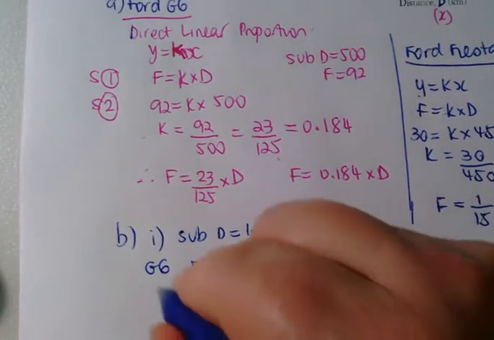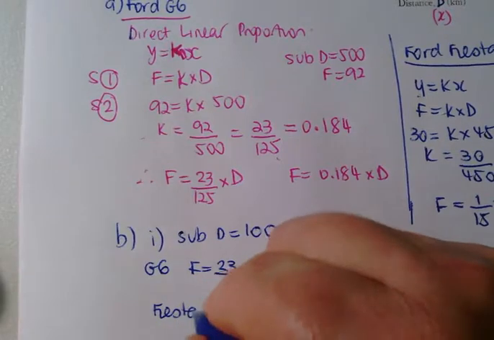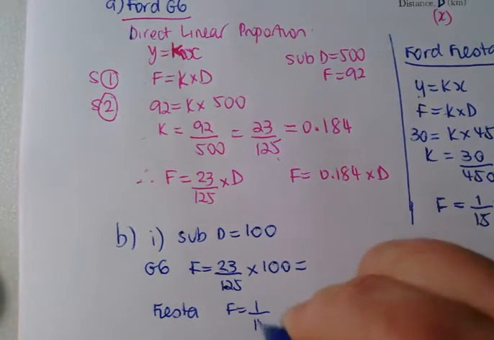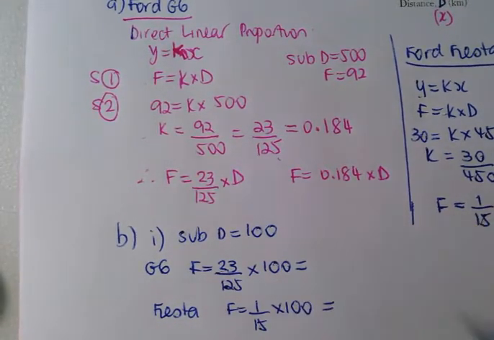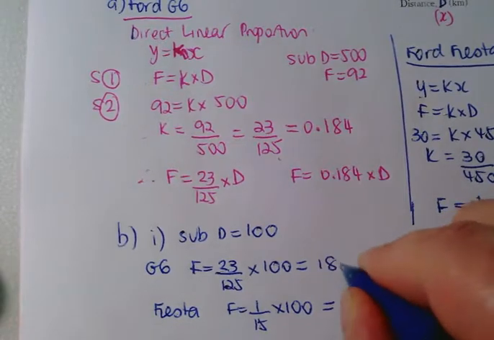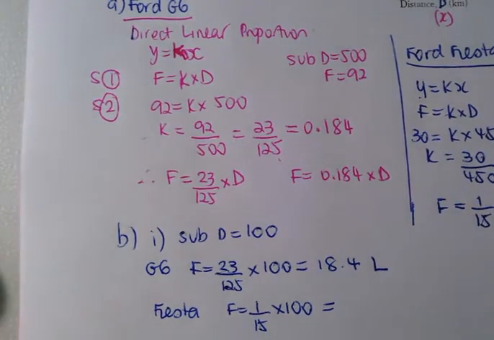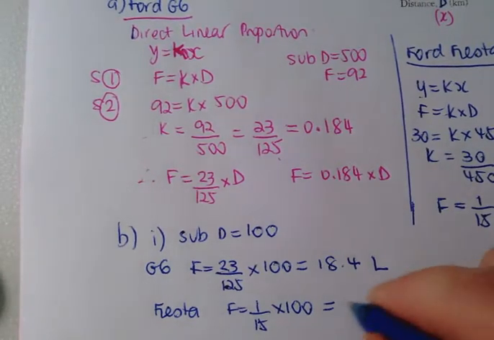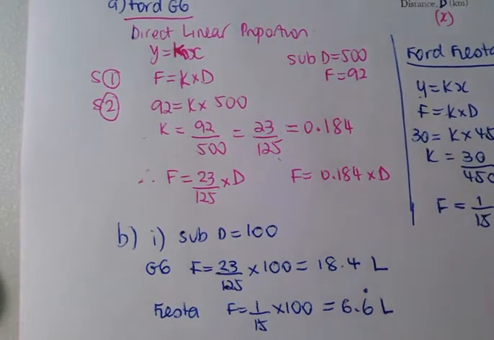And for the Fiesta, F equals 1 over 15 times 100. This is the amount of fuel used. And we get 18.4 litres, and the Fiesta uses 6.6 recurring litres.